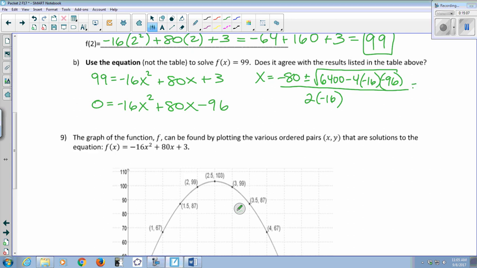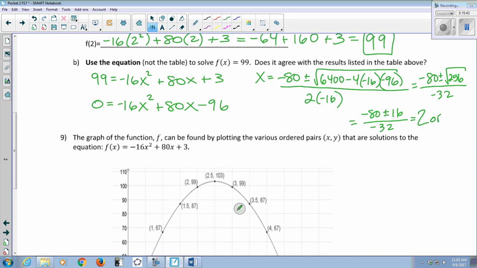Okay, so this simplifies to negative 80 plus or minus the square root of 256 all over negative 32. And that would be negative 80 plus or minus 16 all over negative 32. So there's going to be two possible answers there, one for the plus and one for the minus. So let's see, negative 80 plus 16 divided by negative 32 is 2.